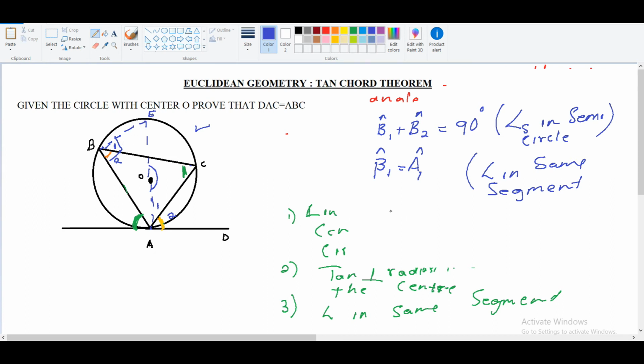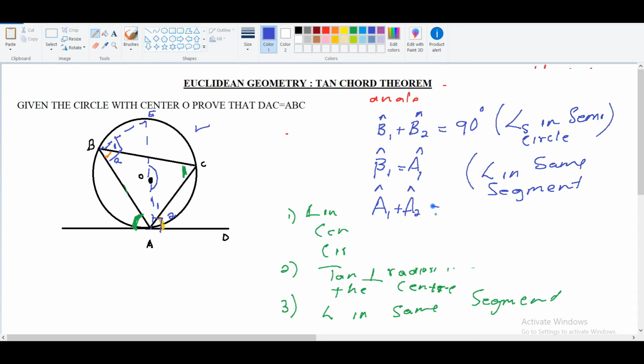So next we continue. Now you have A1. What is A1 plus A2? I'm sure you can tell me. You see, now you have a line from the center and the tangent. What is the angle between a tangent and a radius, or a line through the center? That angle is equal to 90.